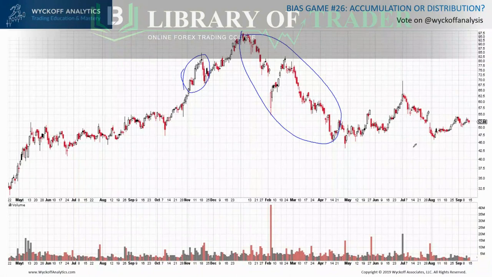And then after that, there is a bunch of selling into the strength. So for instance, here we have this selling, then here we have this selling, and then after this, probably on earnings, we have a gap. So there is selling, selling, selling, selling.